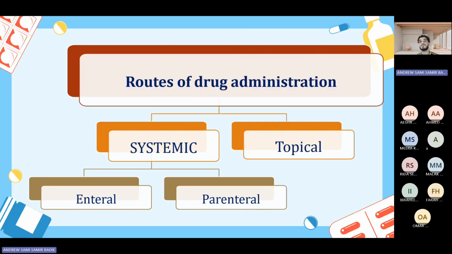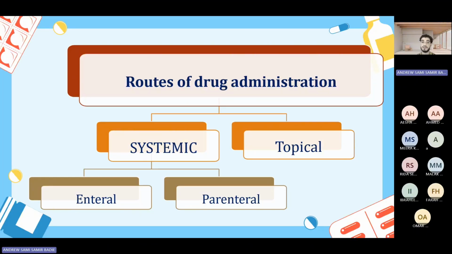administration. First of all, we have systemic versus topical. This is the very broad classification. Systemic reaches every single part of your body, while topical is focused on one area. For example, if you're putting on an acne cream, this is topical.